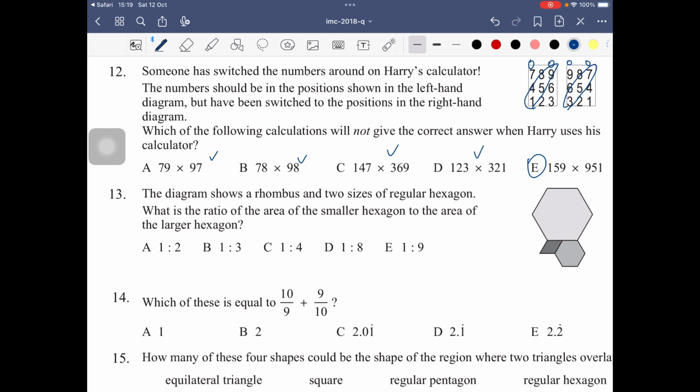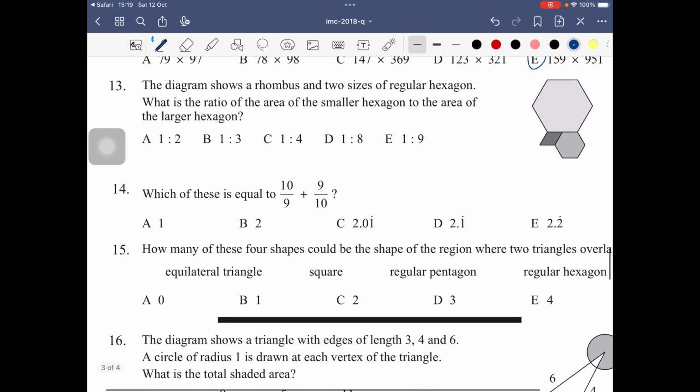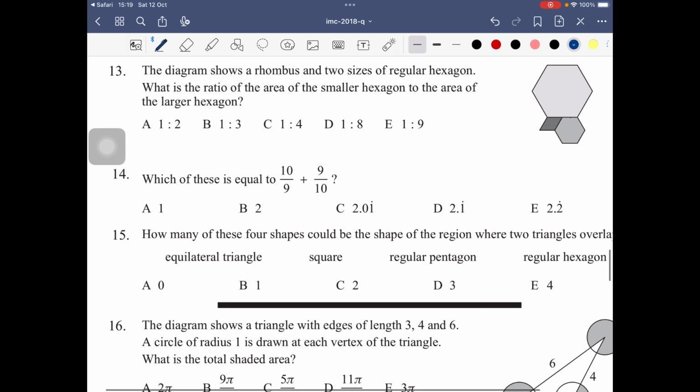Number 13. 2 sizes of regular hexagon, with 120 degree angles, which means here is 60. We need the ratio of the area of the smaller hexagon to the area of the larger hexagon. Okay, so this is a rhombus, which means this and this are the same.